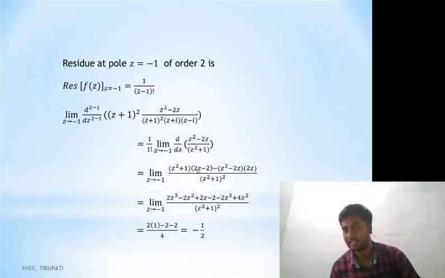Now z square into it gives 2z cube minus 2z square plus 2z minus 2. So here it is 2z cube minus 2z cube plus 4z square. After simplification and substituting z equal to minus 1, you get this.